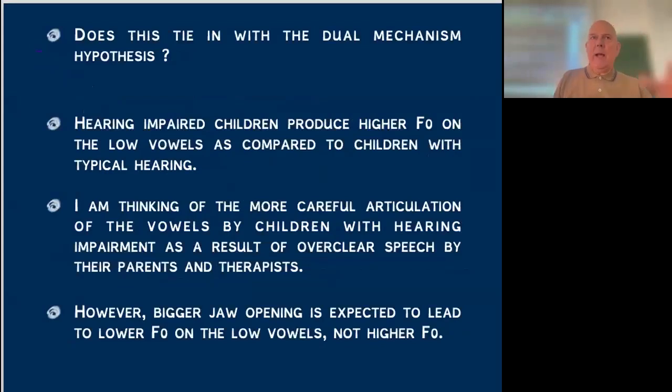Because in several papers that we read about the vowels in children with hearing impairment, it's often argued that in a clinical context, these children get very clear examples of the vowels, and maybe they model their speech on those very clear models, and as a result, somewhat over-articulate the models in terms of jaw opening, maybe, amongst other things.